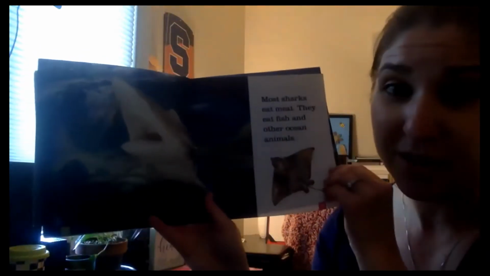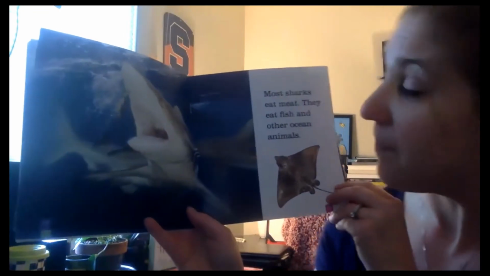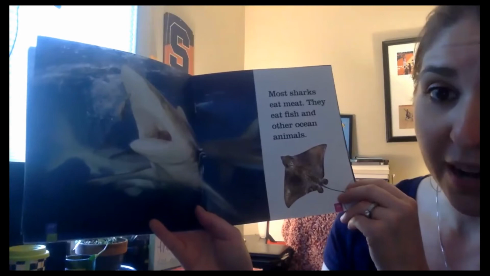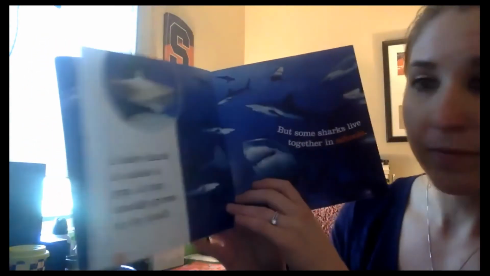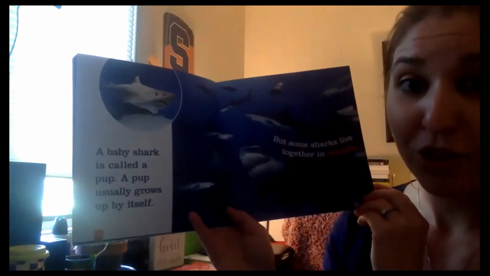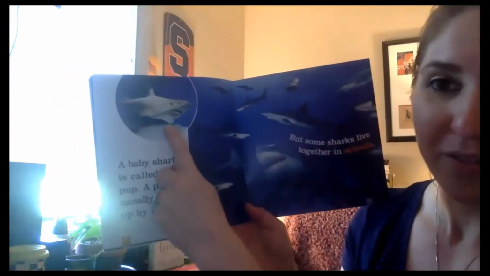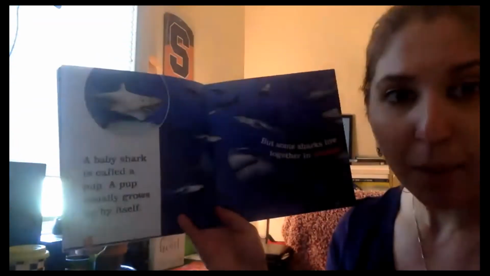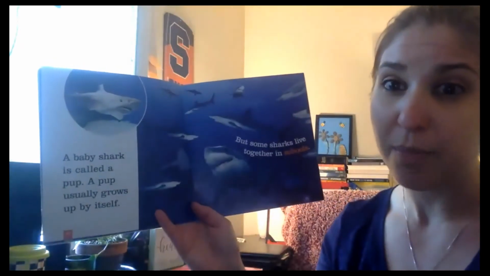Most sharks eat meat. They eat fish and other ocean animals. A baby shark is called a pup. This is a picture of a baby shark. So a baby shark is called a pup. A pup usually grows up by itself.